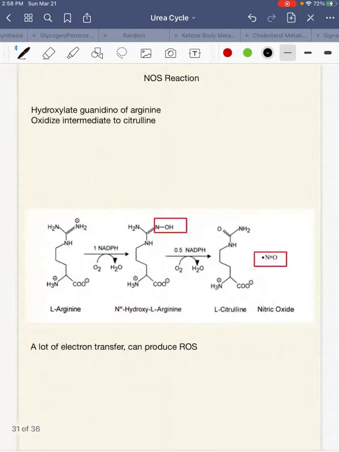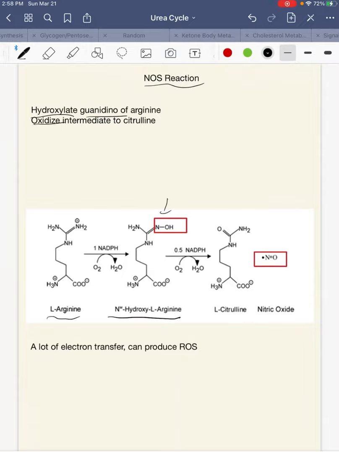Okay, let's talk about the nitric oxide reaction. We're almost done here. So we have arginine. Remember, arginine has a guanidino group. The first thing we do is hydroxylate this guanidino group on arginine, so we get this OH, and then we get this intermediate.